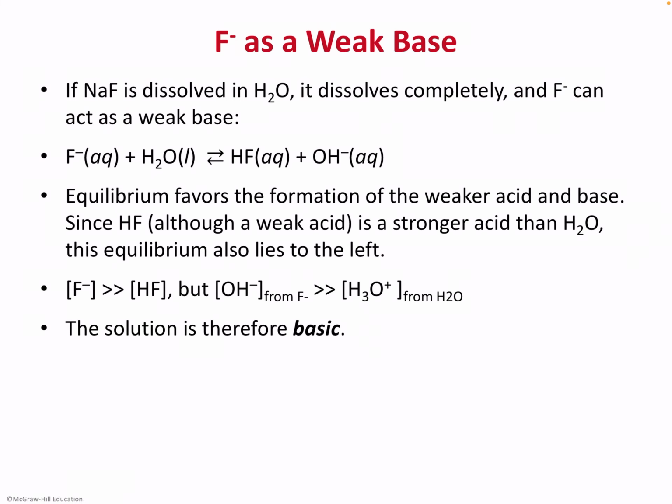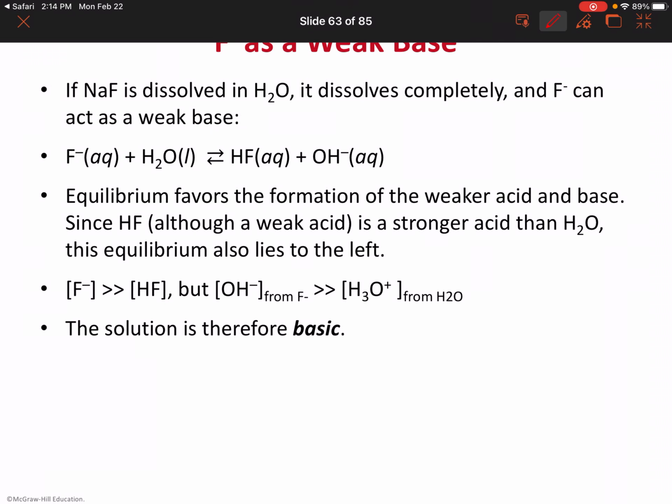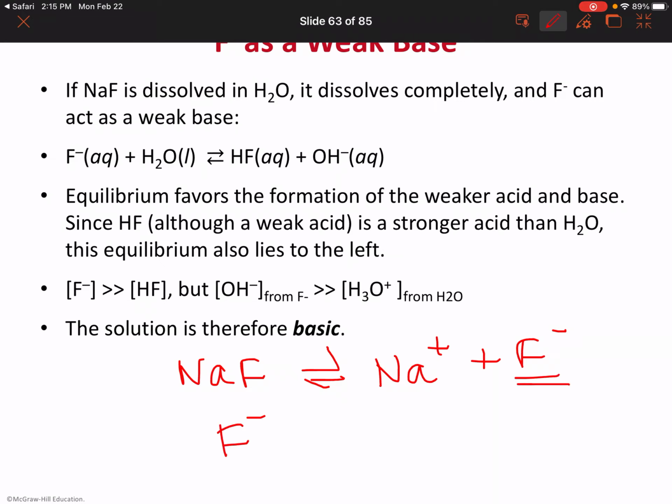Sodium fluoride is an ionic salt. It dissociates completely in water to give you sodium ions and fluoride ions, and fluoride can act as a weak base. So this fluoride ion reacts with water to give you HF plus hydroxide ions.